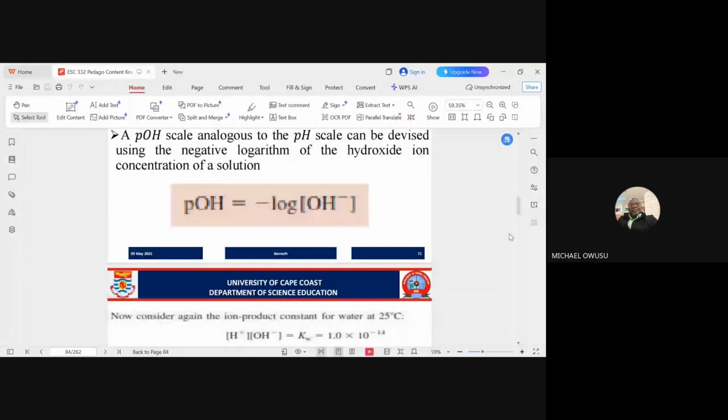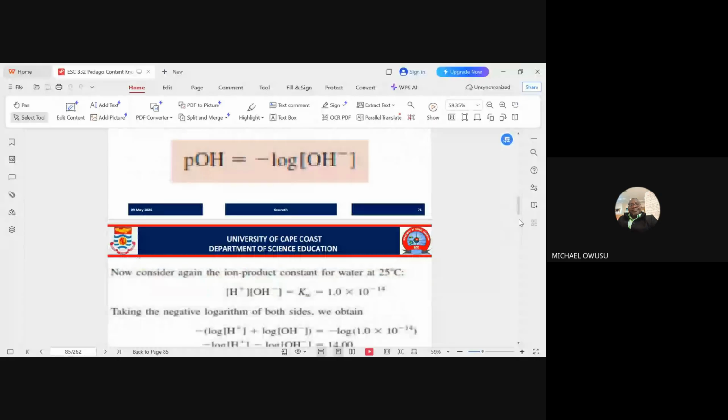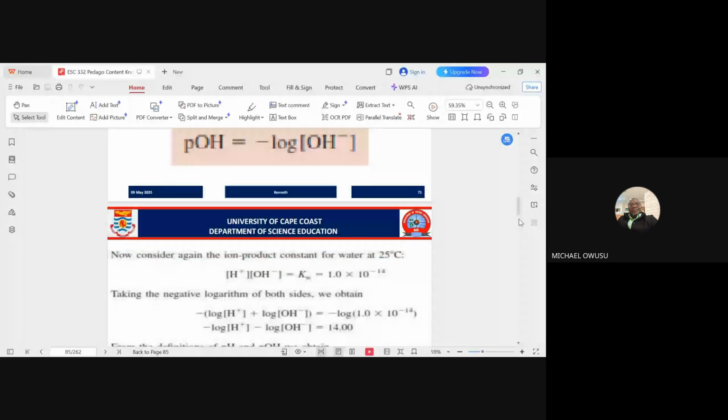Okay. So please, the pOH is also the negative log of the OH minus concentration. Please take note of that. We were asking of the Kw of water, and it is 1.0 times 10 raised to the negative 14. Let me say something here.